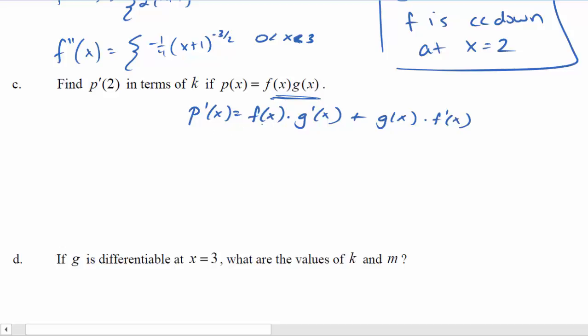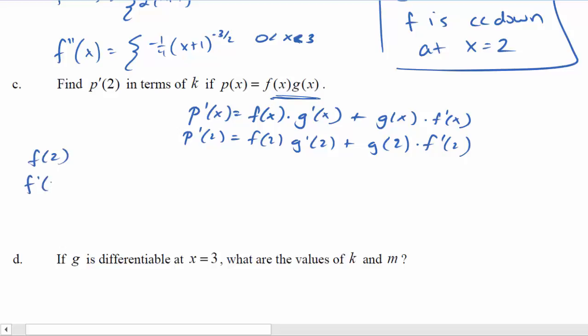Now the next thing is plugging in 2. This is where a little bit of caution comes in, because I need to figure out all 4 of these values and I can't screw up any of them. So I need f of 2, I need f prime of 2, I need g of 2, I need g prime of 2.